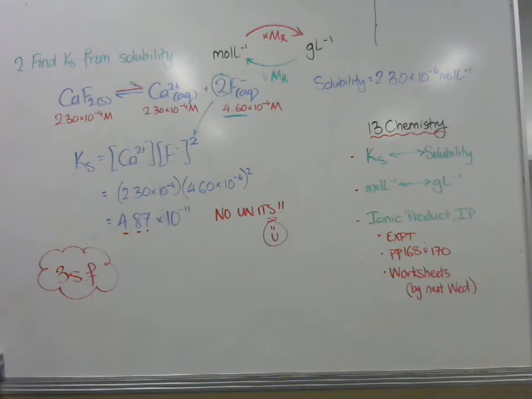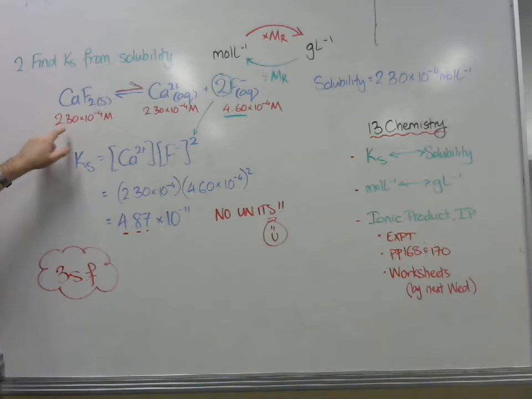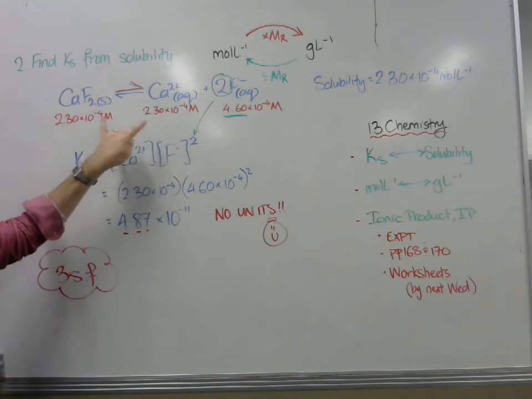I also know how many moles of everything are going to be included. So if I know that 2.30 times 10 to the negative 4 moles per litre will dissolve, then looking at the numbers in front of what's made, I can put the moles per litre of these ions that are in solution. So there's no number there, so they'll be the same.